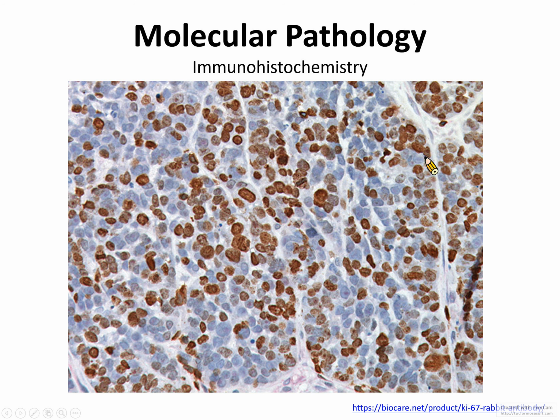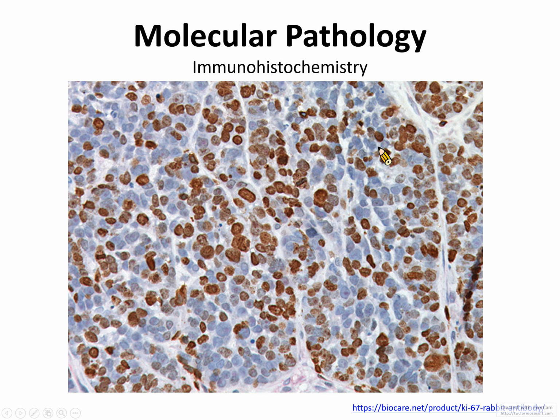identify special types of antibodies and antigens on the cell membranes, and you can see some cancers have specific antigens that you can identify with immunohistochemistry profiles.